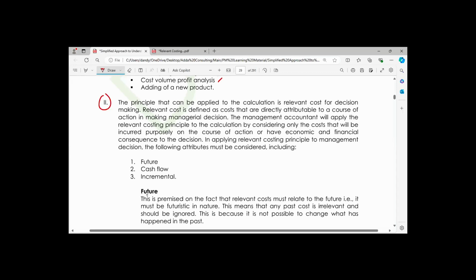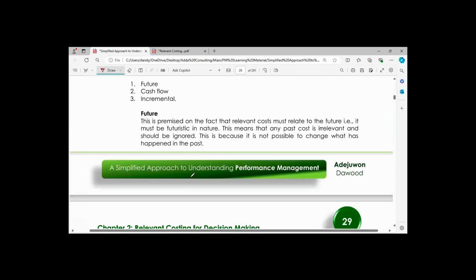The management accountant will apply the relevant costing principle to the calculation by considering only the costs that will be incurred purposely on the course of action or have economic and financial consequence to the decision. In applying relevant costing principle to the management decision, the following attributes must be considered: 1, future; 2, cash flow; 3, incremental. You now begin to explain each of them.